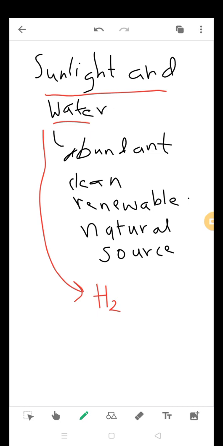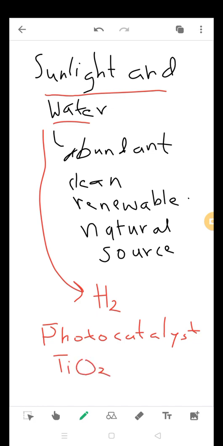Now, to do this, TiO2 or a photocatalyst takes a major role. And TiO2 is the most used photocatalyst.